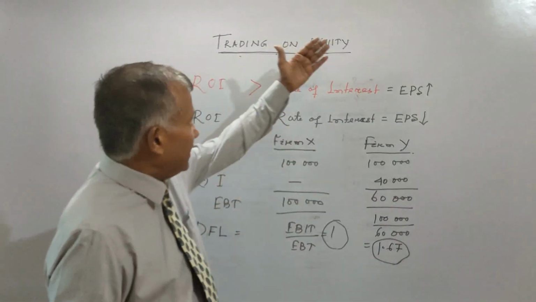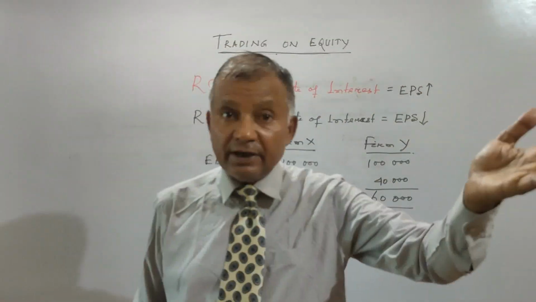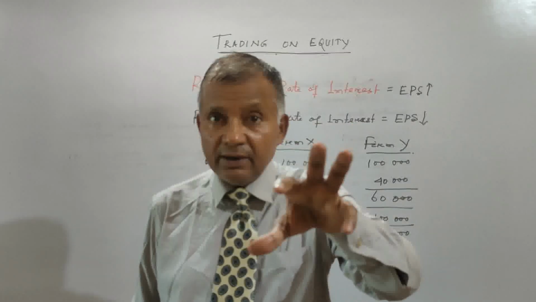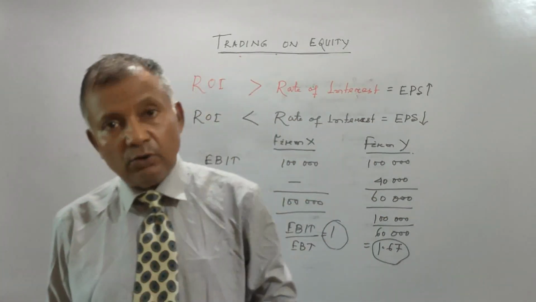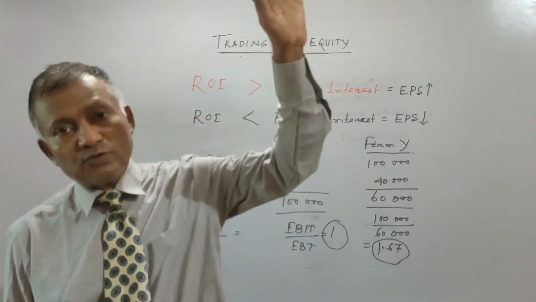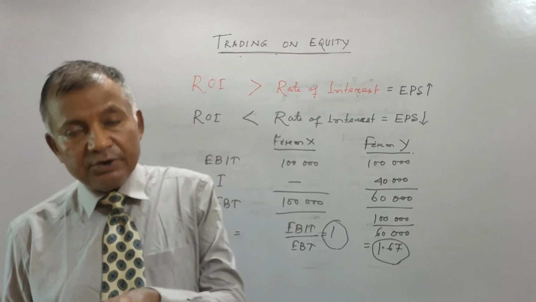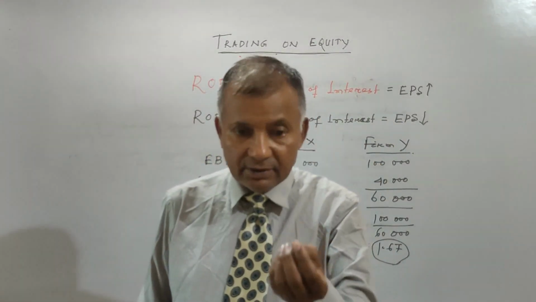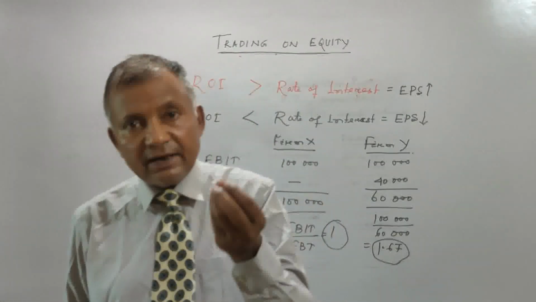Why? In the beginning, the rate of return on investment was high and the rate of interest on debt was low, therefore EPS was good and everything was good. But in the future, the return on investment becomes lesser than the cost of the debt.